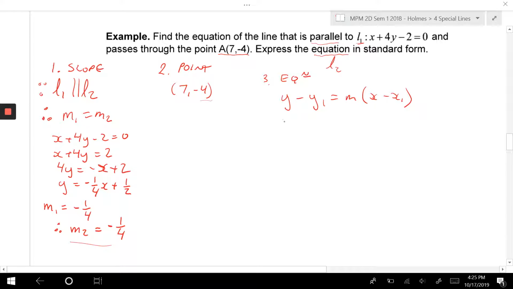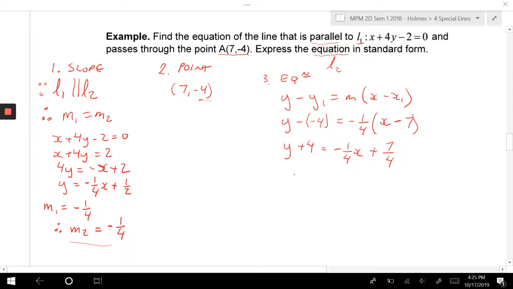I substitute in my y value, which is minus 4: y subtract minus 4 is equal to my slope, minus 1/4, times x subtract x1, my x point, the value 7. When I solve this, y subtract negative 4 is the same as y plus 4, equal to negative 1/4 x. Negative 1/4 distributed to the minus 7: negative times a negative is a positive, giving me 7 over 4.